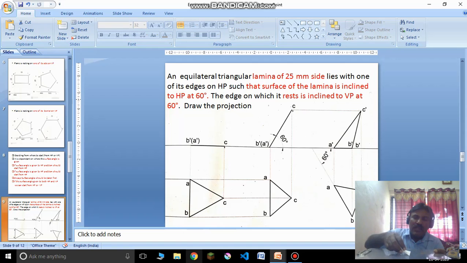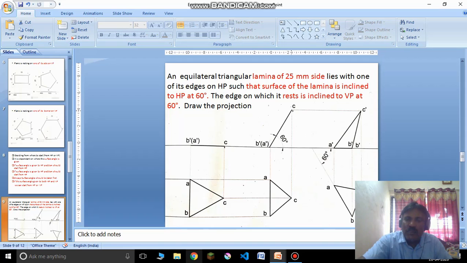When I lift it, the same line will also go 60 degrees in the front view. You can observe here the line is inclined at 60. This line will go 60 degrees to HP.